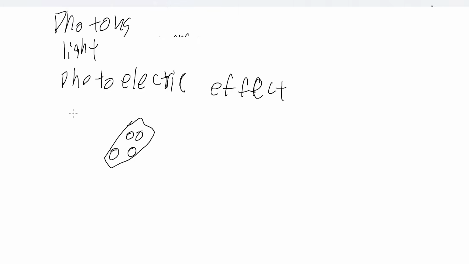If it is the right frequency or above, then the electrons will be ripped off the metal. What's happening here is light as photons bouncing off the metal and ripping the electrons along with it. And this is what's called the photoelectric effect.